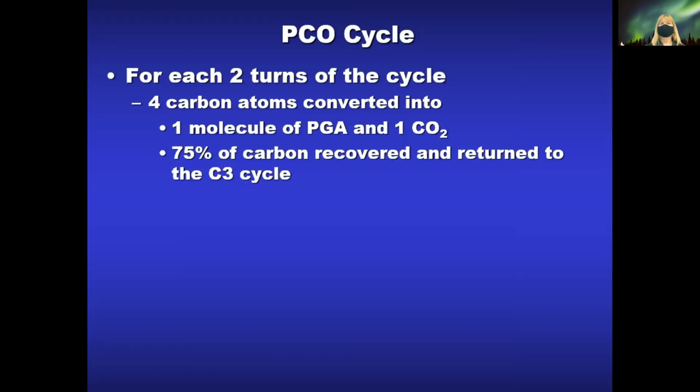So if you do the math, if you have 4 carbons and 3 are used for something good and 1 is given off, they say 75% of the carbon is recovered in the form of PGA. That's a good thing. However, you do get a loss of carbon in the form of CO2 being given off or being respired. So that's why they say it's photorespiration.